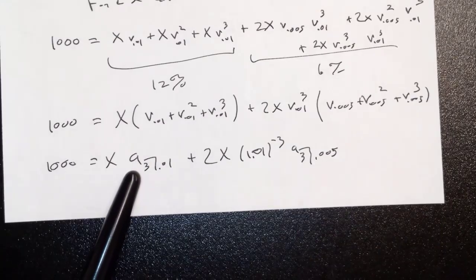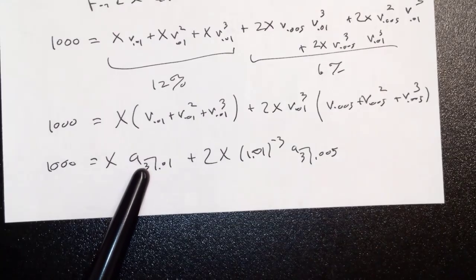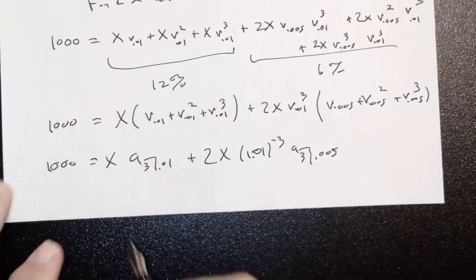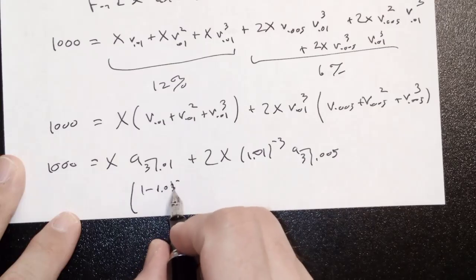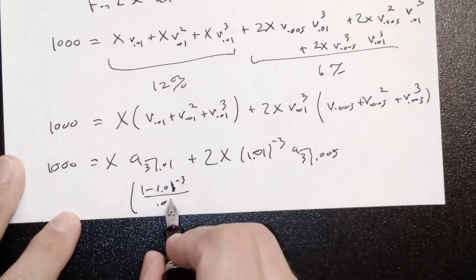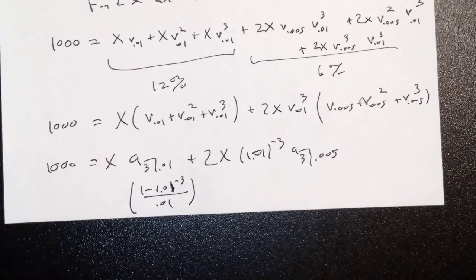This is the same number I stored before, right? This 1.03, a angle 3 at 0.01. That's 1 minus 1.01 to the negative 3 over 0.01. We did that number already.